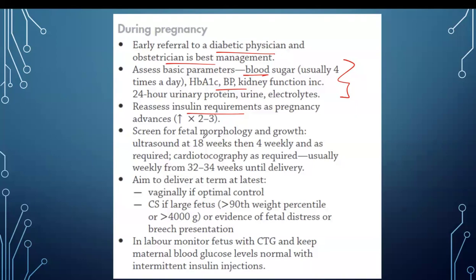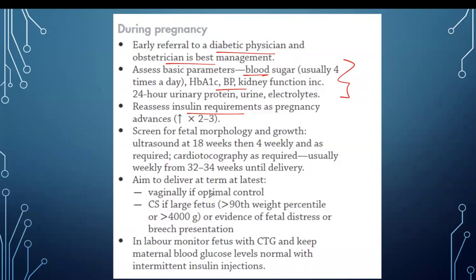This type 1 diabetes patient will already be on insulin, so you refer the patient to a diabetic physician, and then they usually increase the dose of insulin just to keep the diabetes well controlled. So that is usually the treatment.